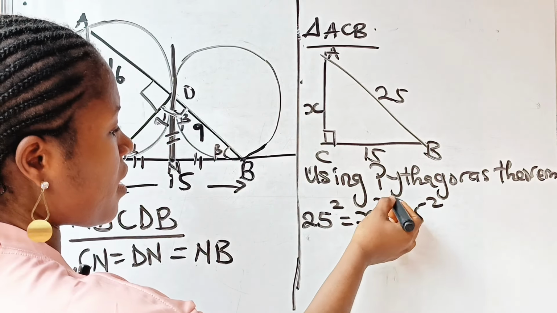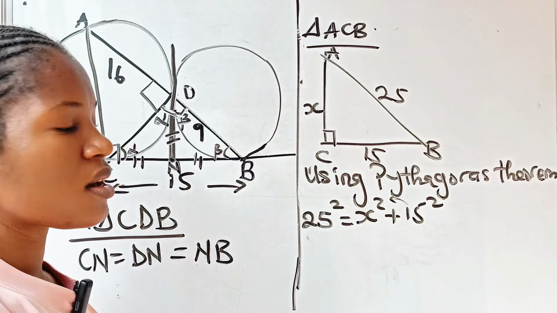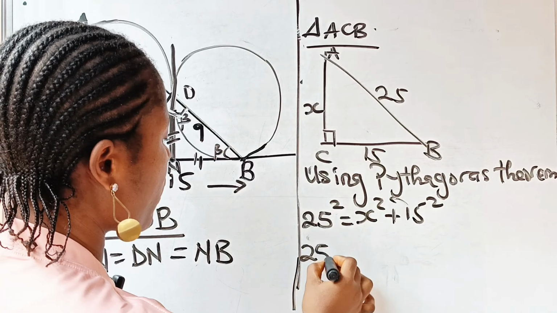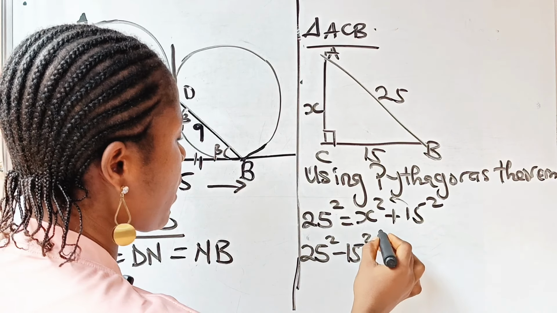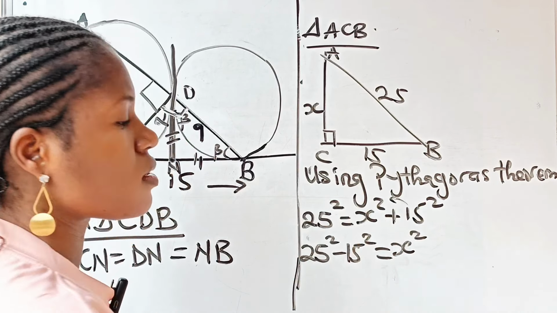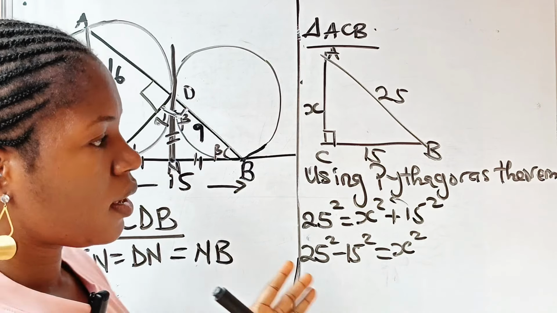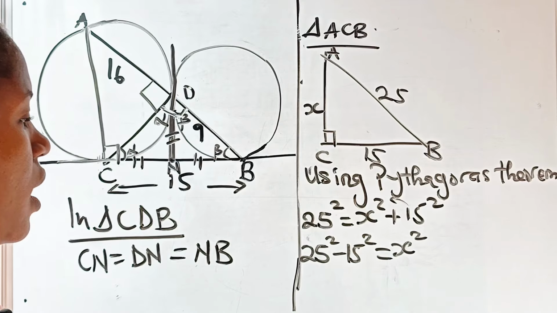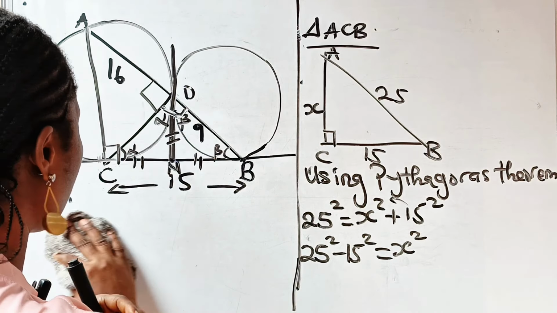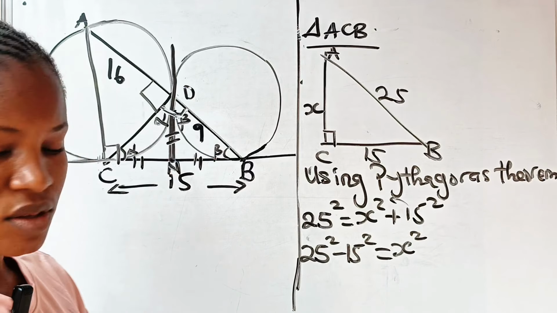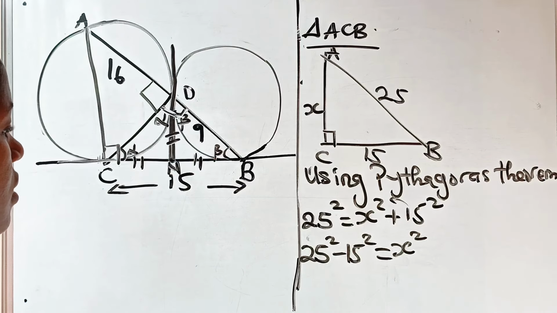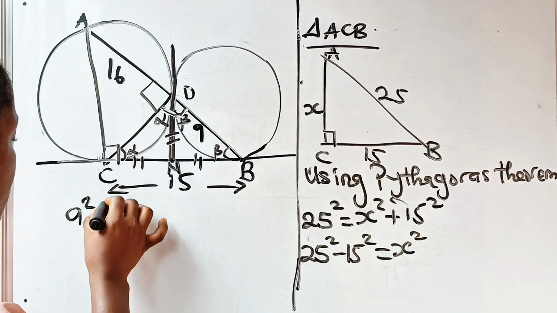So if I transfer this 15 to the other side, I will have 25 squared minus 15 squared is equal to X squared.